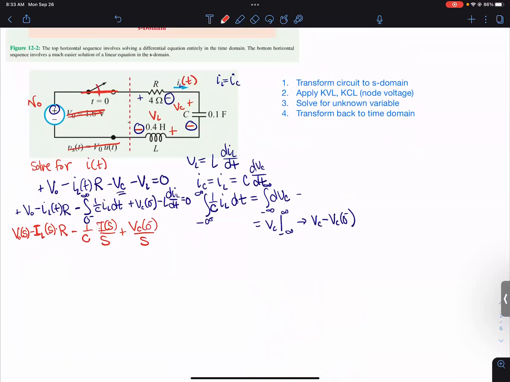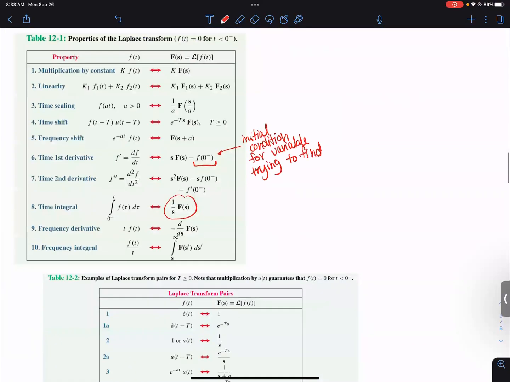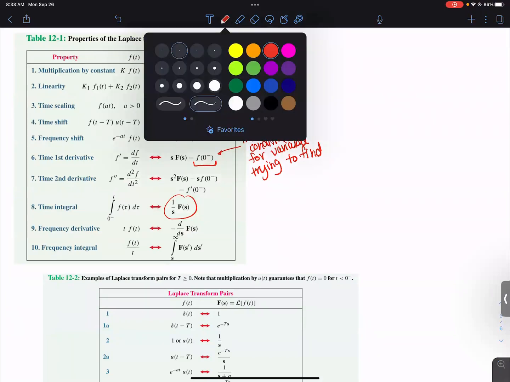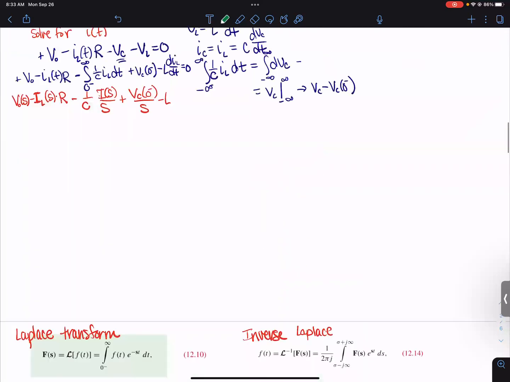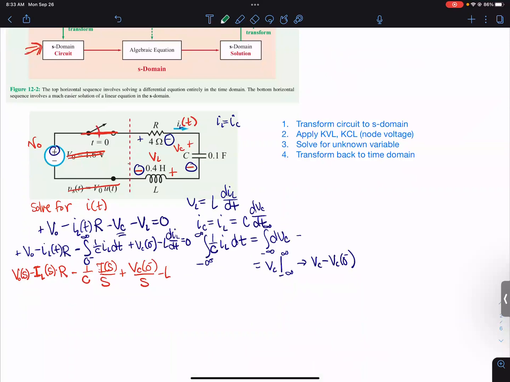And L and the differentiation. So S, F of S minus the function at 0 minus. So that becomes L of S, I of S minus I of 0 minus.